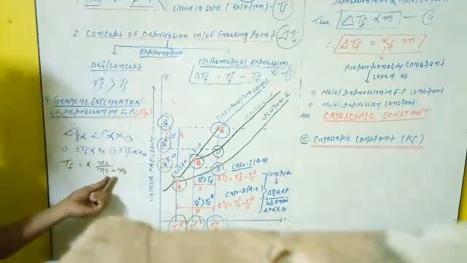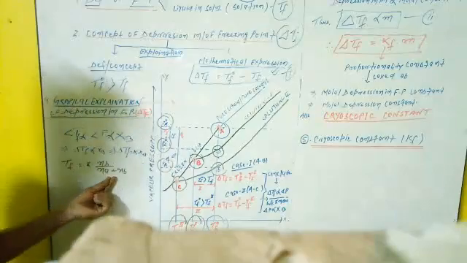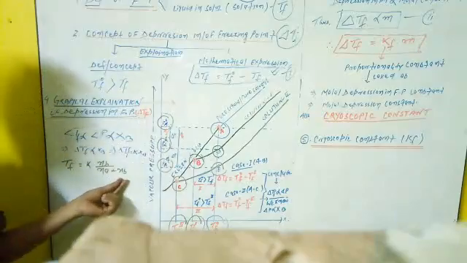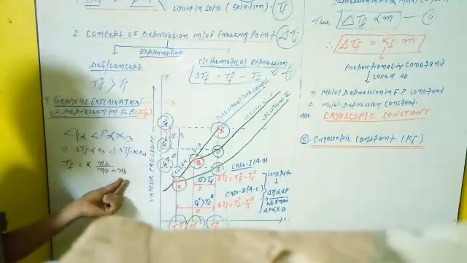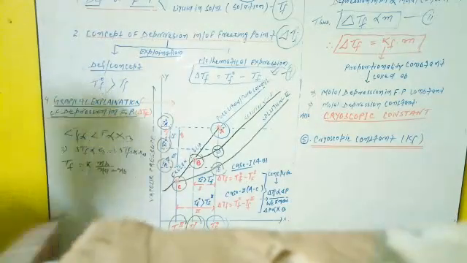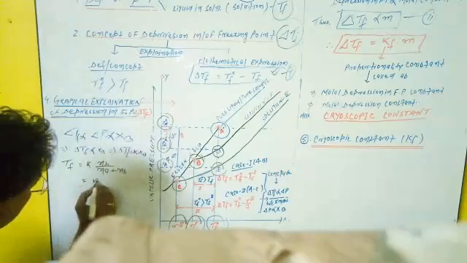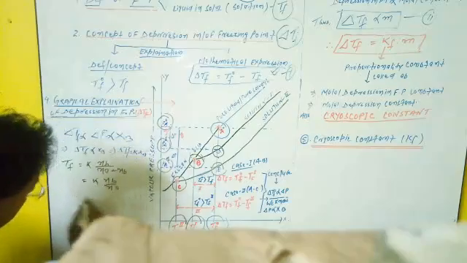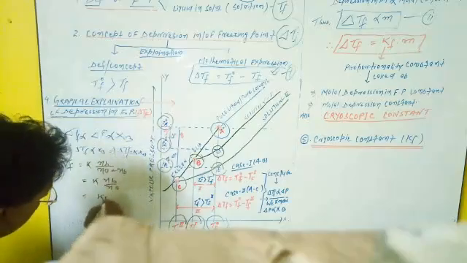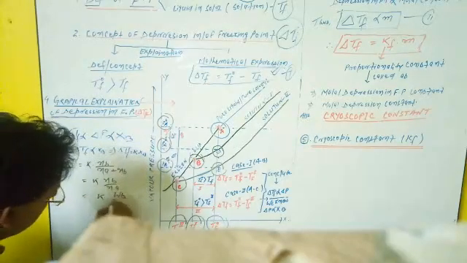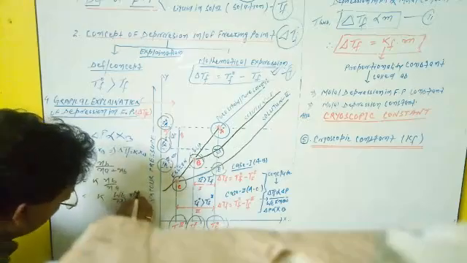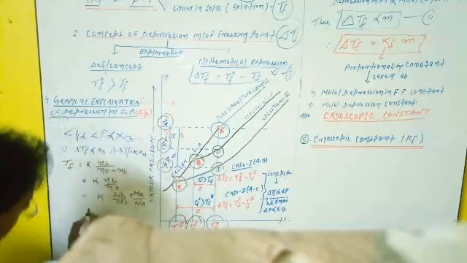But for the dilute solution, we already studied relative lowering of vapor pressure, Nb in a solution is taken to be negligible, so Nb becomes 0. So this relation becomes K into Nb by Na. They become equal to K into Wb by Mb into Ma by Wa. These are rearrangements.